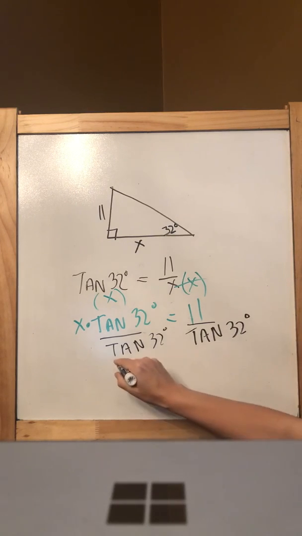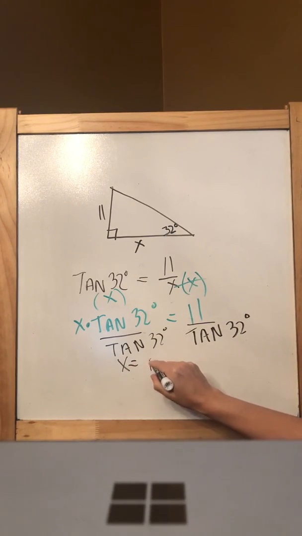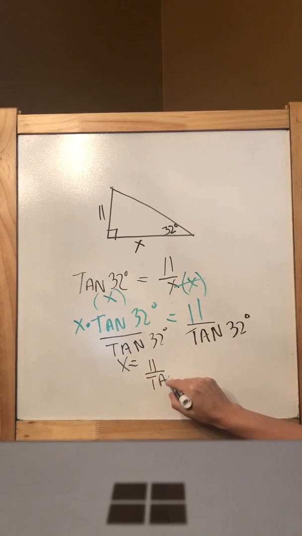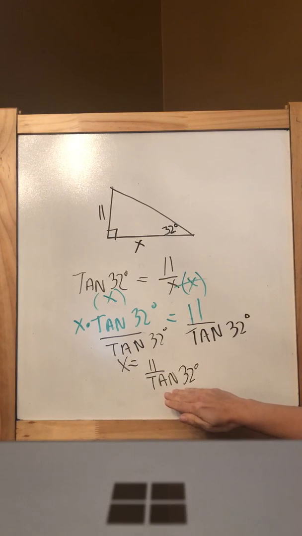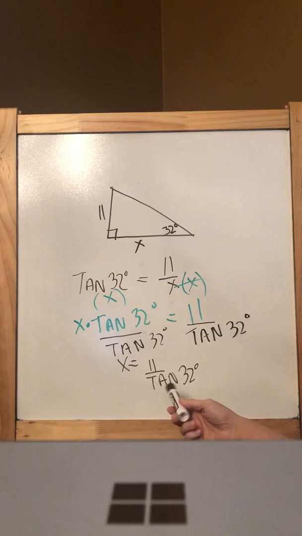So now we have X equals 11 over the tangent of 32 degrees. For now, we're going to learn how to use our calculators to get this later. But for now, I put a great chart on Google Classroom under 9.4. It says trig ratios. So what you're going to do is open up your chart, find 32 degrees, and go across on the chart until you see the tangent ratio.